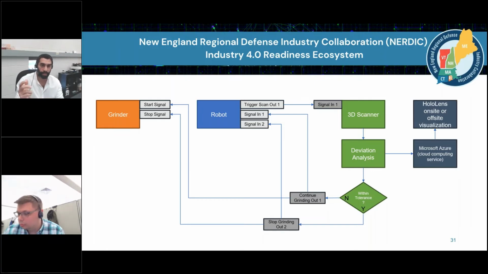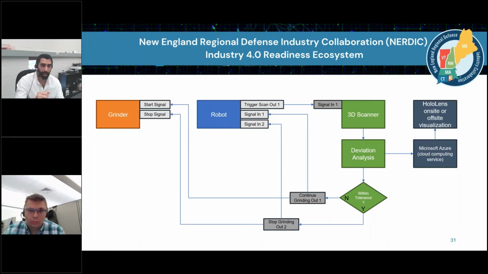Could be hand measuring, could be CMMs, could be laser scanners or structured light scanners, as I showed here. And you'd have to determine where exactly the wear is on the part, where you have to add material and how much material to add.